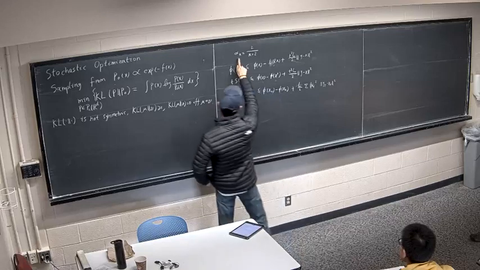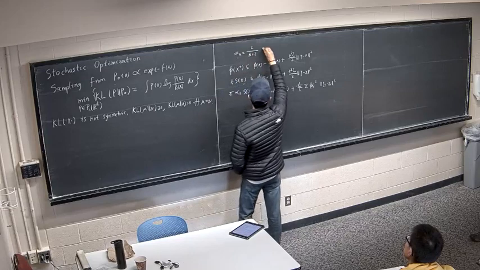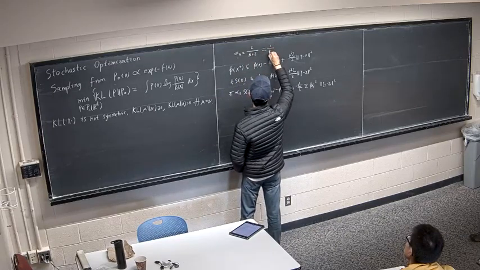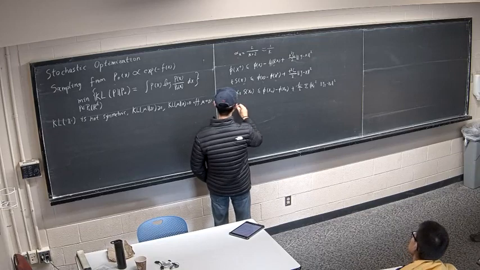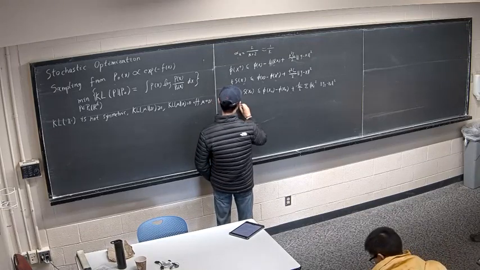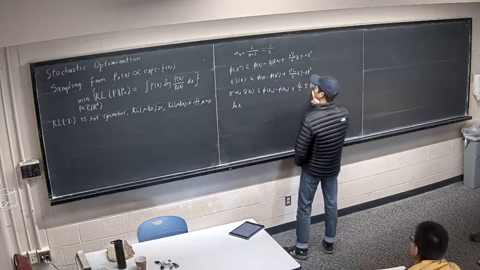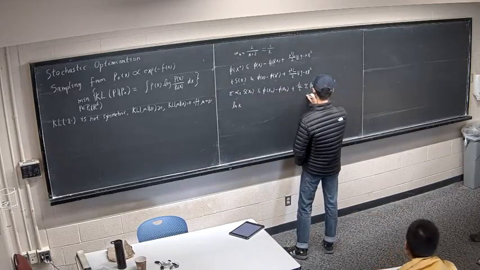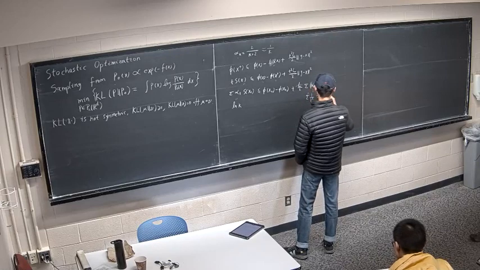Suppose we choose alpha_k like 1 over k. This is roughly on the order of 1 over k. And on this side, the summation of 1 over k will give you log k. And here, the summation of alpha_i squared is the summation of 1 over i squared. This is roughly 1 over k.